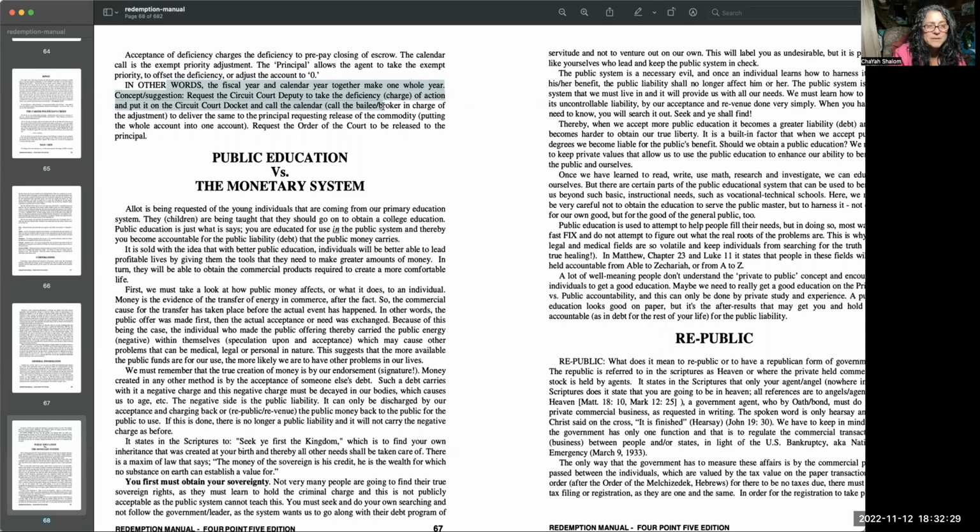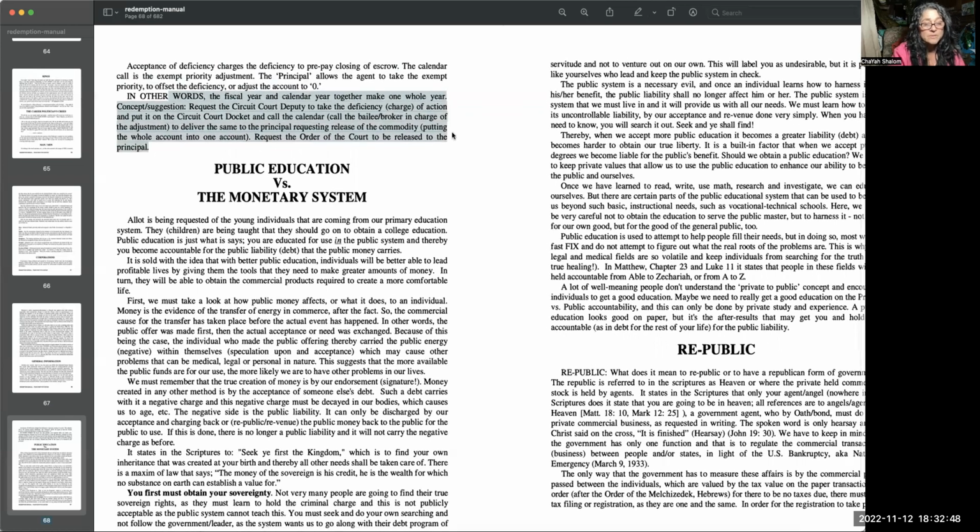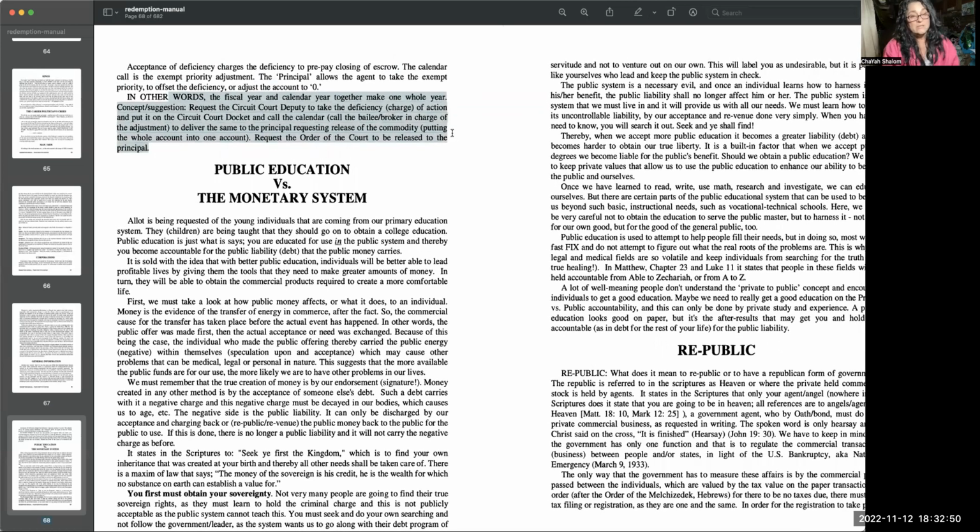That's what they do, man. To deliver the same to the principal, requesting release of the commodity, putting the whole account into one account. Request the order of the court to be released to the principal. That sounds good. I request the order of the court to be released to the principal. Boom.